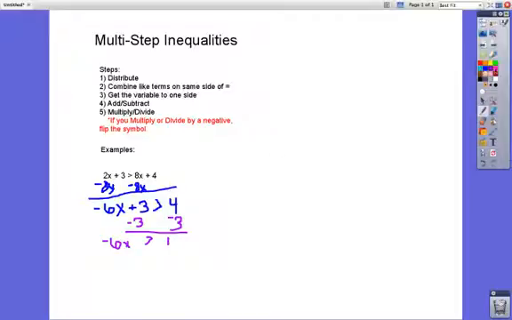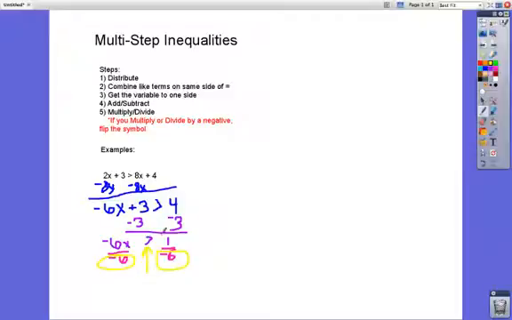Okay, so last step is multiply or divide. We are dividing by the number attached to x. So we're dividing both sides by a negative 6. So since we are dividing by this negative 6 here on both sides, that is when we're going to flip the symbol.